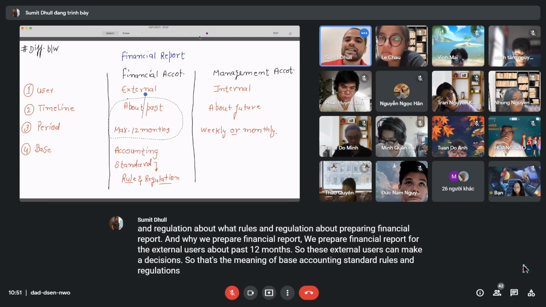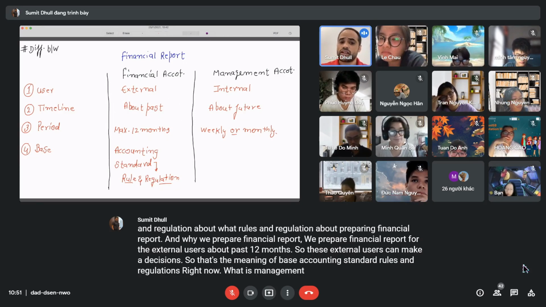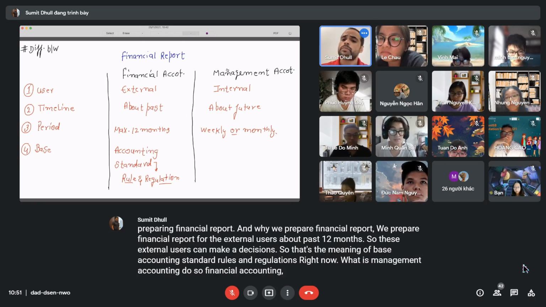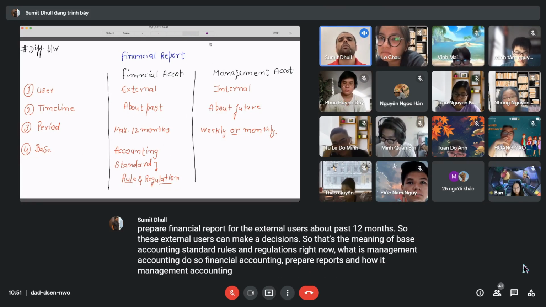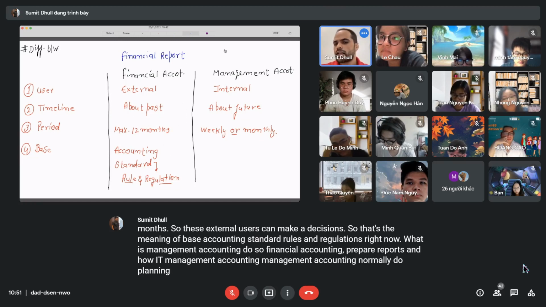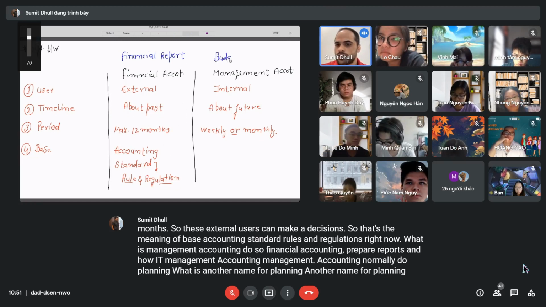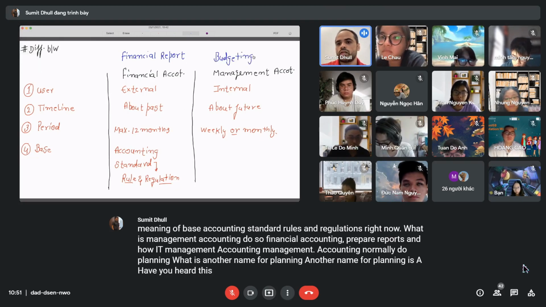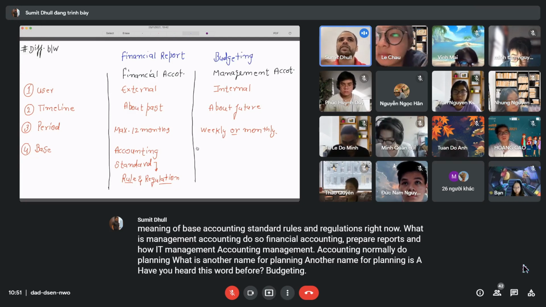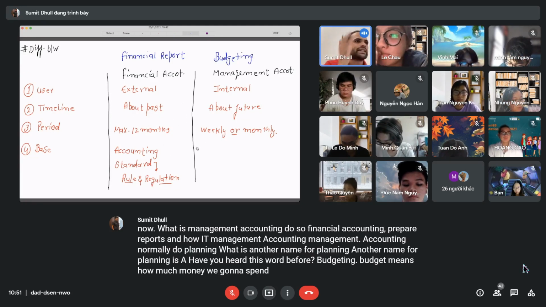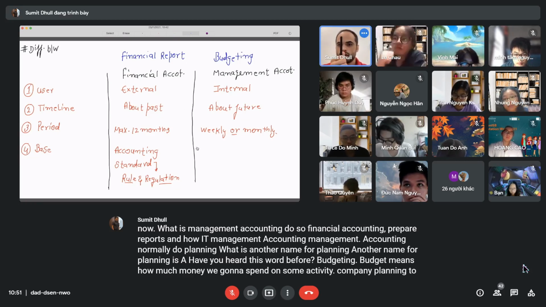Now, what does management accounting do? Financial accounting prepares reports. And how about management accounting? Management accounting normally does planning. What is another name for planning? Have you heard this word before? Budget. Budget means how much money we are going to spend on some activity. A company is planning to produce a new pen.